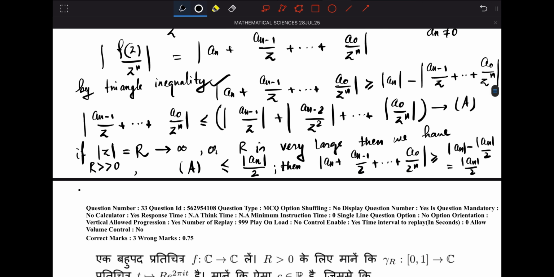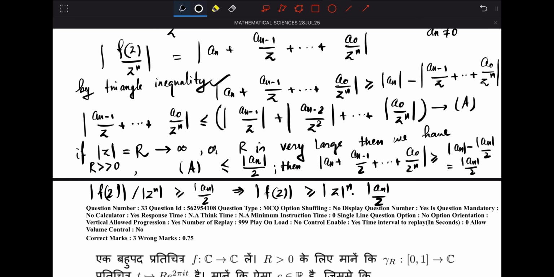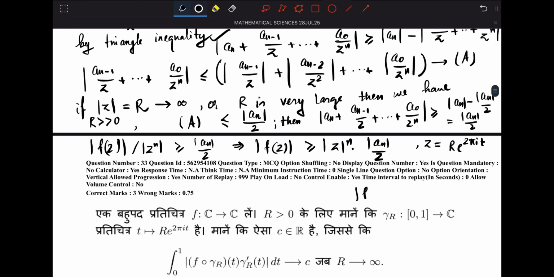So for sufficiently large r, we have mod of f(z) by mod of z to the power n is greater than or equal to mod of a_n by 2, which implies mod of f(z) is greater than or equal to mod z power n times mod a_n by 2. So when z equals r times e to the power 2πit, for sufficiently large r, we have mod f(z) greater than or equal to r to the power n times mod a_n by 2.